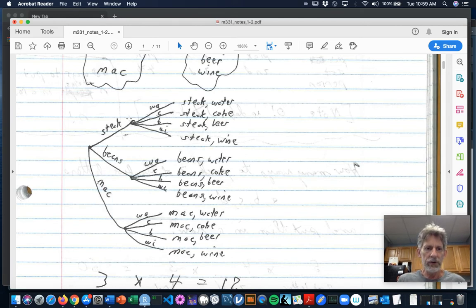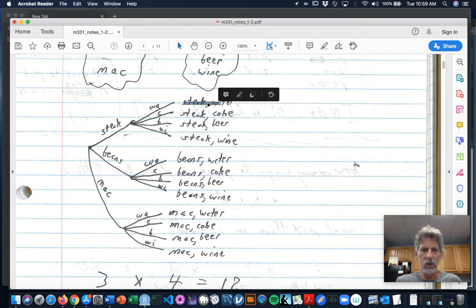And so that brings you to these three nodes, where you've chosen your main course, but you still have to choose a beverage. And at each of those nodes, you have four choices for a beverage. You could do the water, the Coke, the beer or the wine. If you follow out each of those nodes, and write out the choices that you made along the way, then you've got your list of meals.